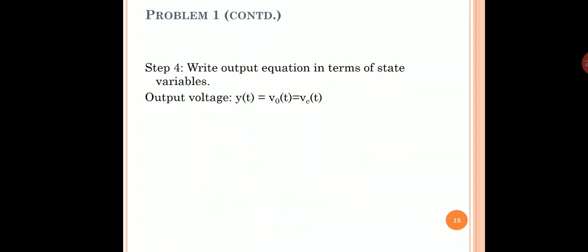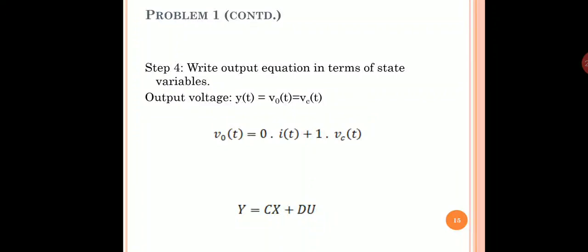What is output? Output is nothing but V0 of t, which is the voltage across the capacitor, Vc of t. This is very simple, but I need to write it in the form of y is equal to Cx plus Du. How can I write this? I can write V0 as 0 into I of t.